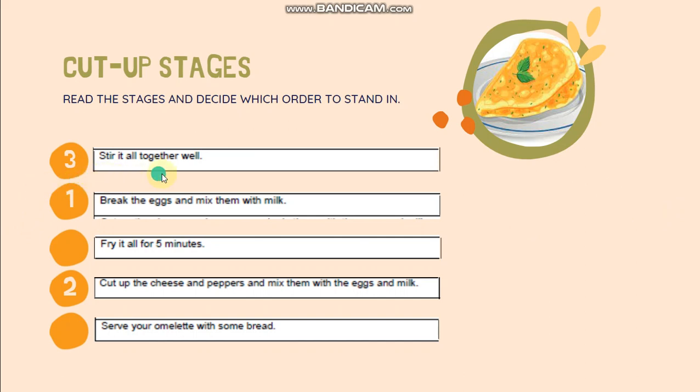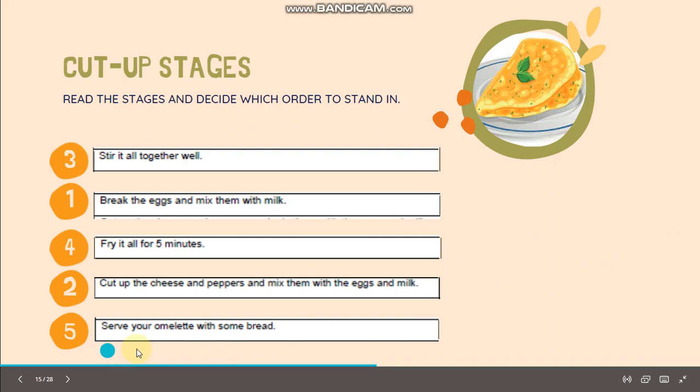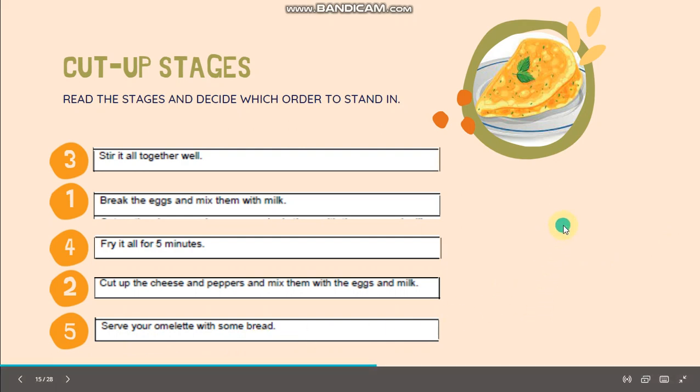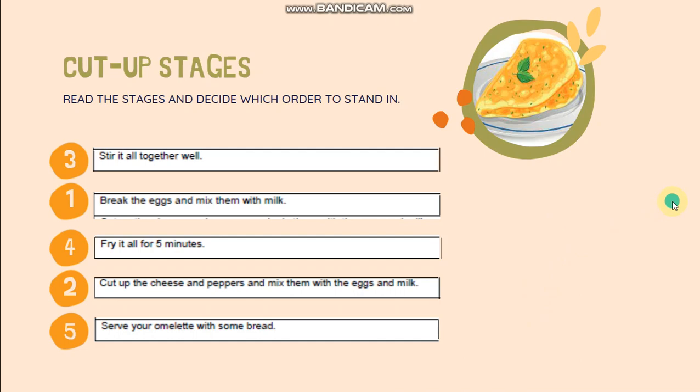Then stir it all together well. After that, fry it all for 5 minutes. And finally, serve your omelette with some bread. Yay! Now you have arranged the stages correctly in order.